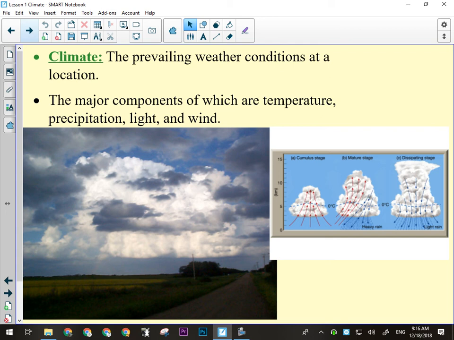Well then the climate of Okotoks is that it's 4 degrees Celsius, the wind is from the southwest at 25 kilometers per hour, there's 12 hours of sun and 12 hours of darkness, and it'll rain less than 1 millimeter today. Is that an accurate description of what it's going to do here? No, but that's the average. If I averaged out the 4 components of climate in Okotoks, that's about what they would be. Okotoks is dry.